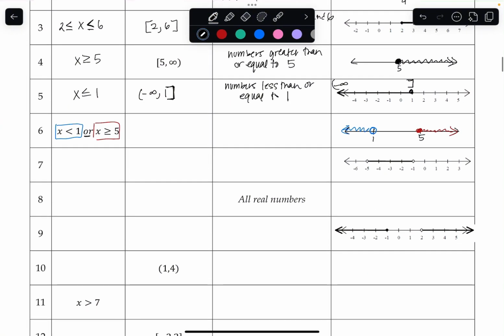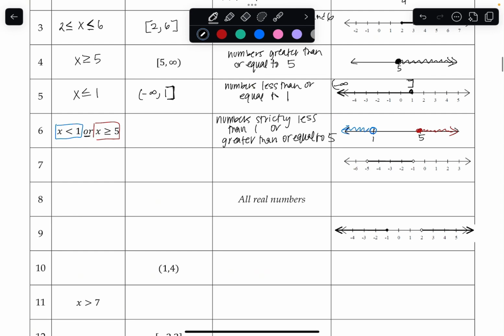Okay, and so this would be numbers less than 1, strictly less than 1, or numbers greater than or equal to 5.